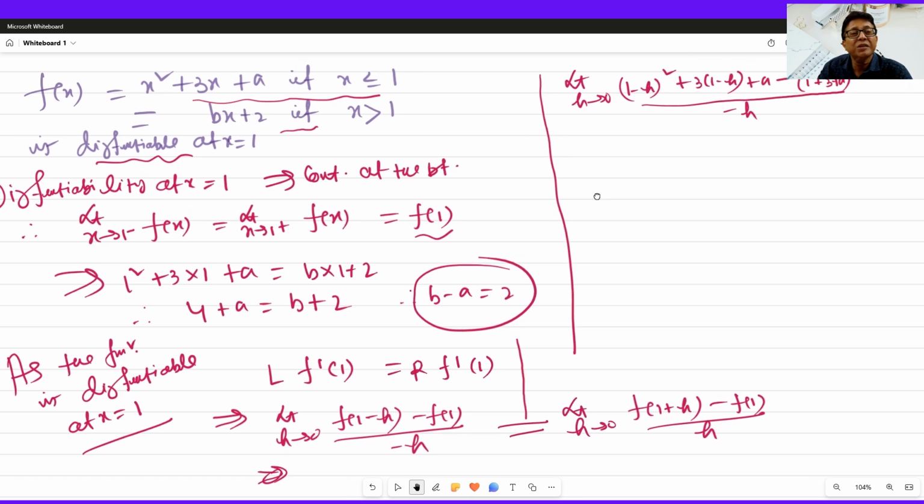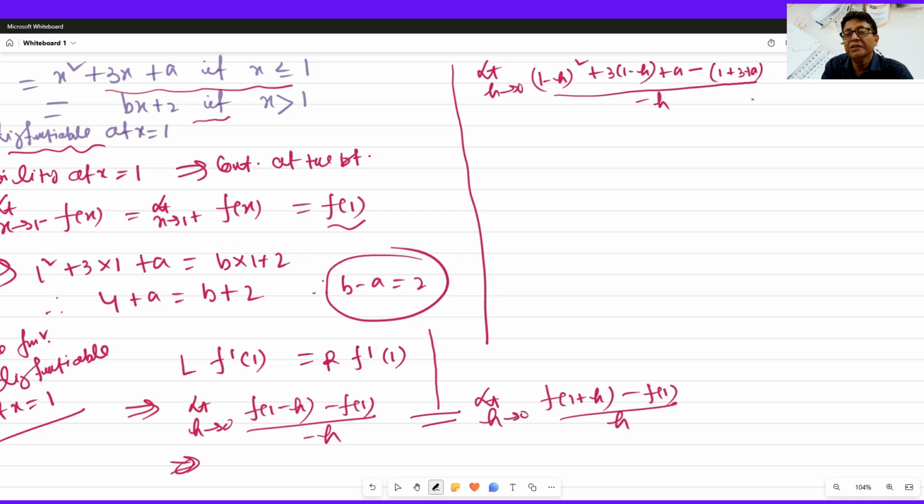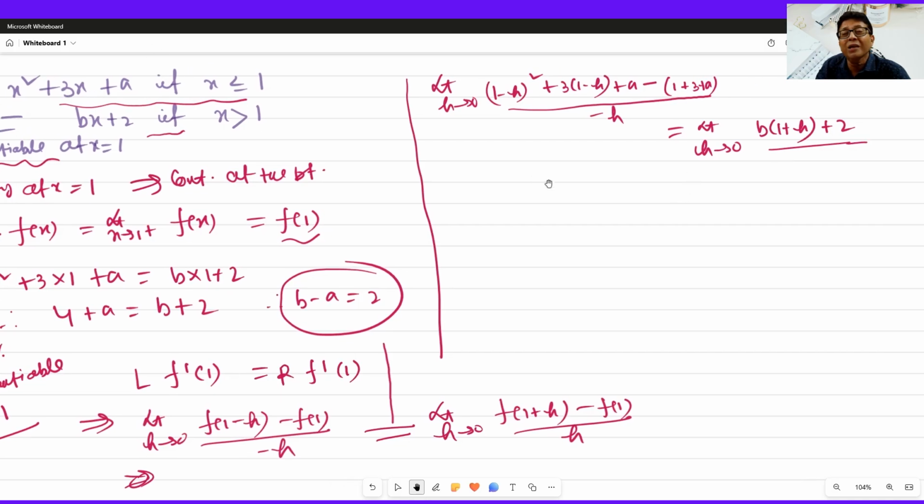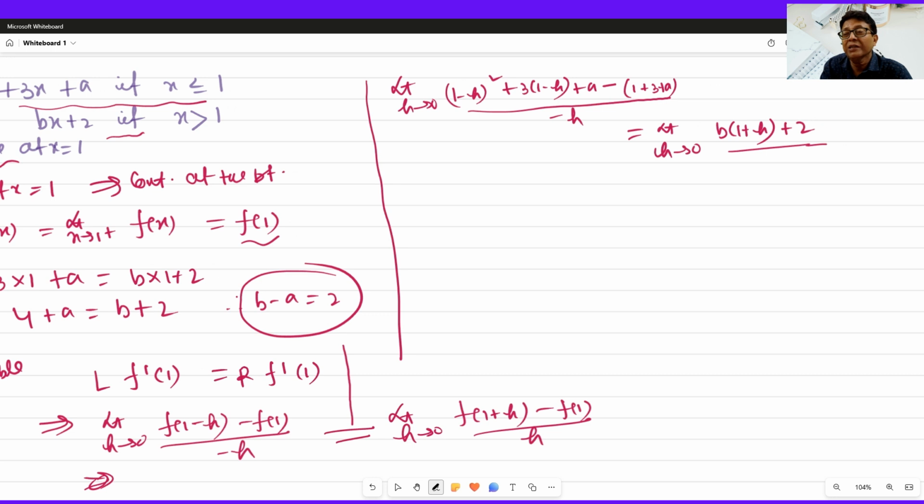will be equal to the right hand limit. That is, limit h tending to 0 of f(1 plus h), b into (1 plus h) plus 2, minus f(1). f(1) will have the same value, that is by putting x equal to 1 over there. That is 1 minus 3 plus a, that divided by h. So let us simplify it.